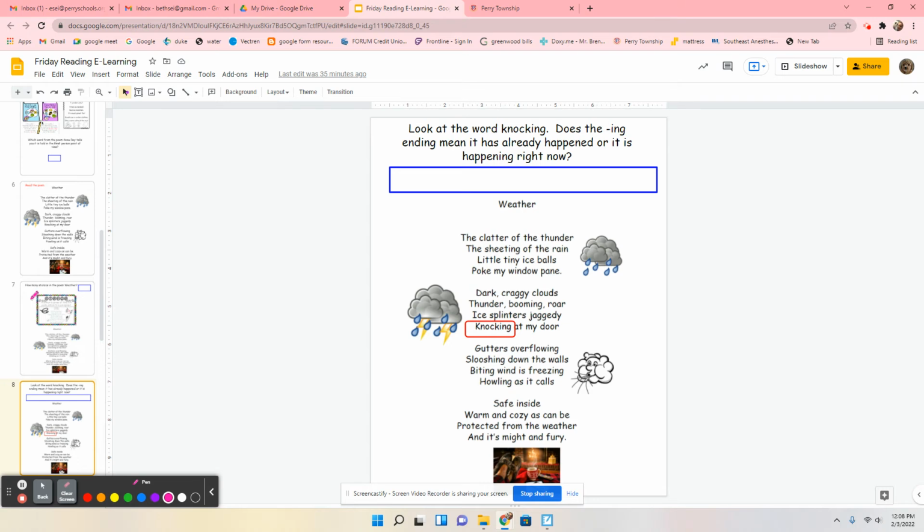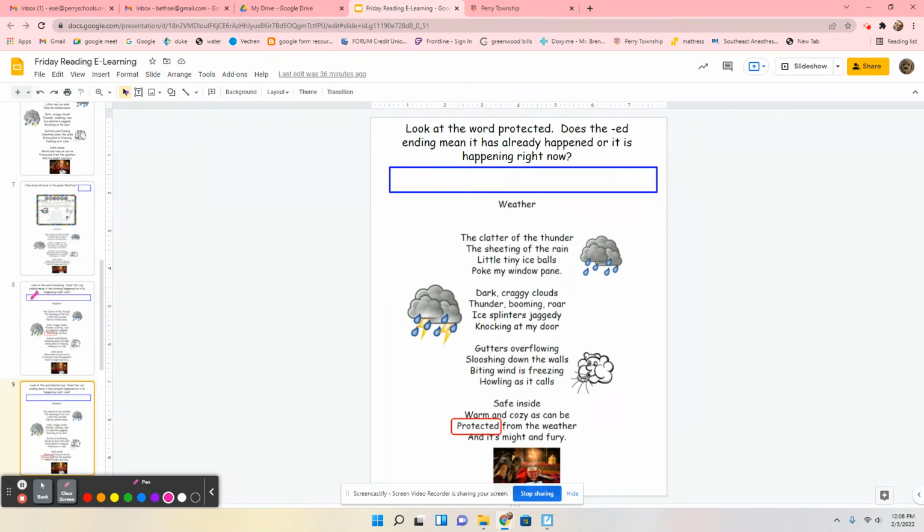Hopefully you remember from our lesson yesterday that when we add ing to the end of a word, it means that it's happening right now or it will happen in the future. The ing ending lets me know that it's happening right now. Look at the word that I put in the red box.